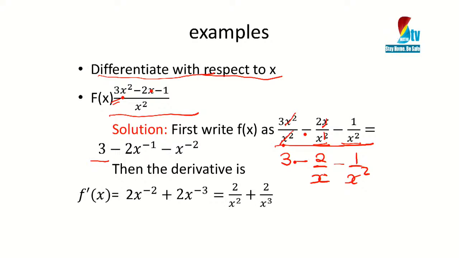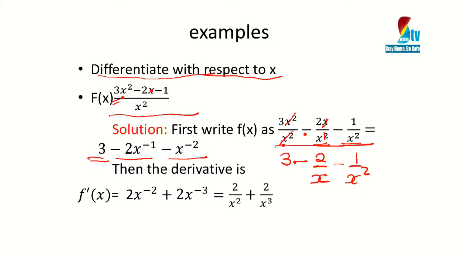If we want to write this in index form, it is going to be 3 minus 2x raised to the power negative 1 minus x raised to the power negative 2. Once we have written it like that, we can then find the derivative. We can then differentiate.